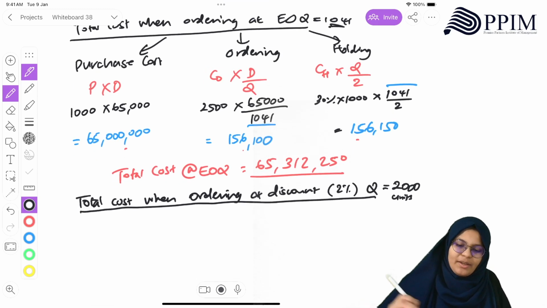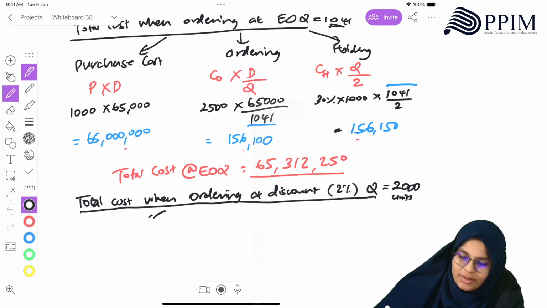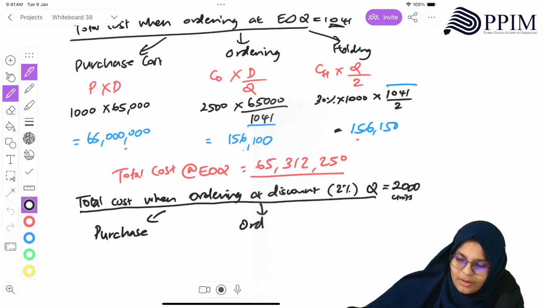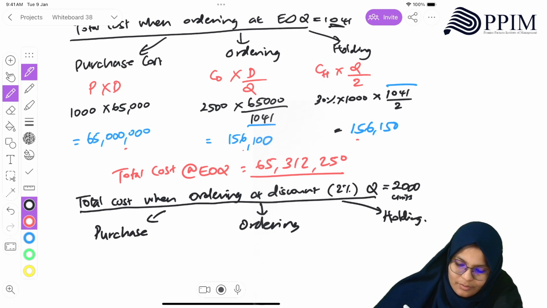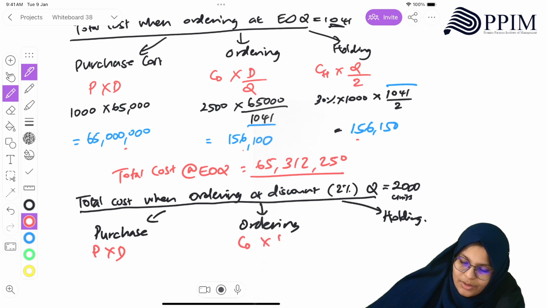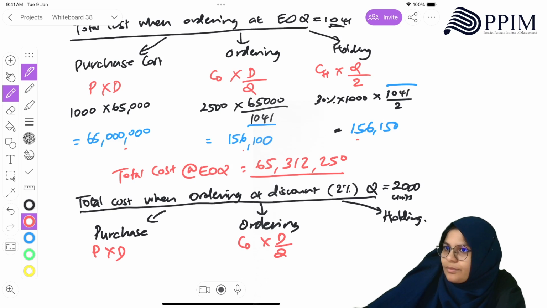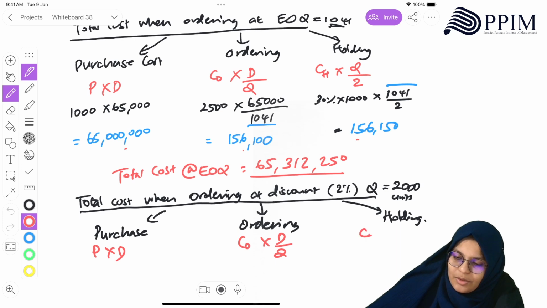Okay, so same thing, I will also start it off. Three costs: the purchase cost, the ordering cost, and finally the holding cost. Equations are the same: P into D, cost of ordering into demand over quantity, and cost of holding into quantity over 2.